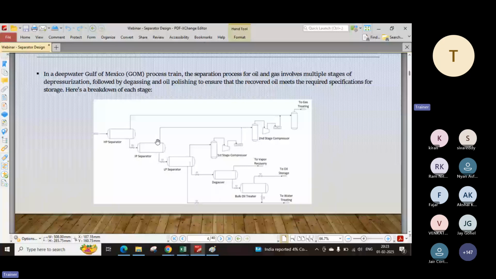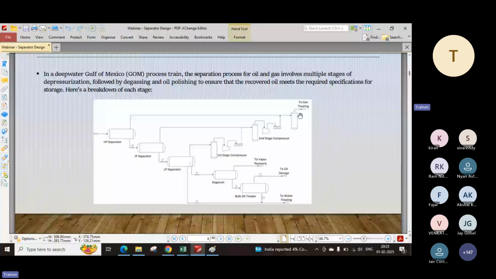In the same way it goes to the LP separator, then to the degasser, and after treatment it goes to storage. However, the recovered gas goes to the compressors. It may go to the main injection compressor, main gas compressors, or even some of the export compressors as well.